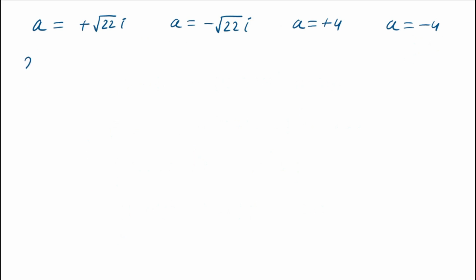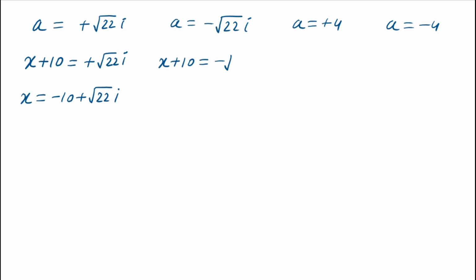So this is replaced by x plus 10, equal to plus square root of 22 times iota. Here the value of x is equal to minus 10 plus square root of 22 times iota. Then x plus 10 is equal to minus square root of 22 times iota, so the value of x is equal to minus 10 minus square root of 22 times iota.